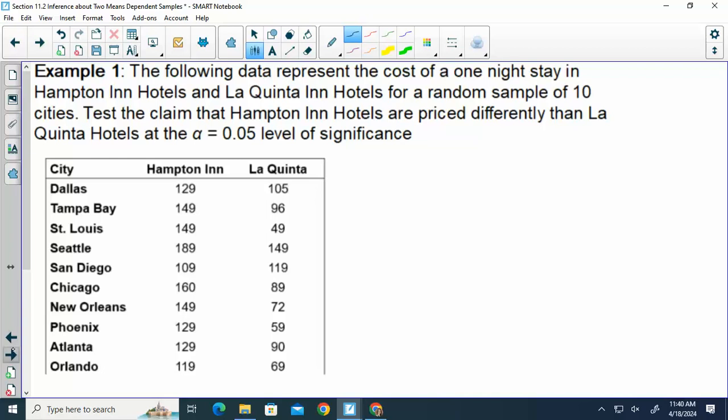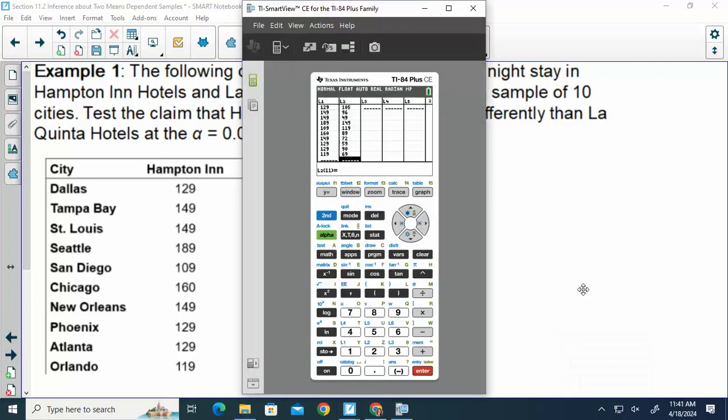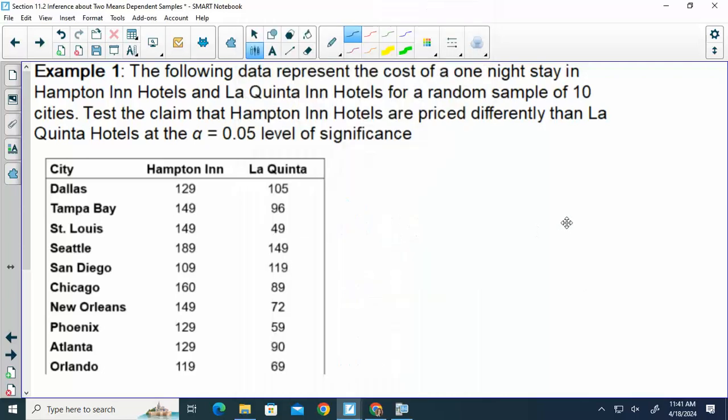So the first thing you have to do is enter your data into your L1 and L2. Okay, so let's talk about this a little bit before we go any further. We're testing if Hampton is priced differently. Why would this be matched pairs data?